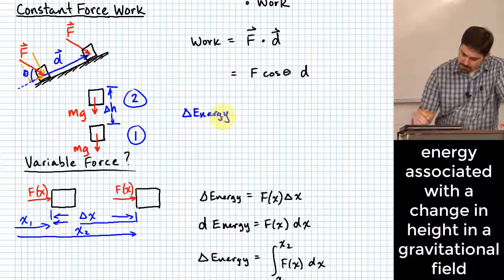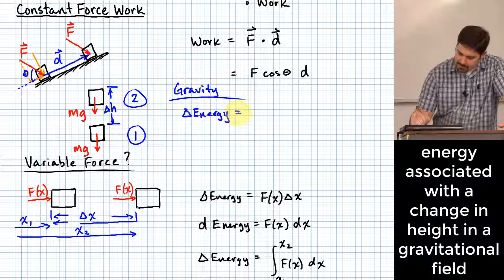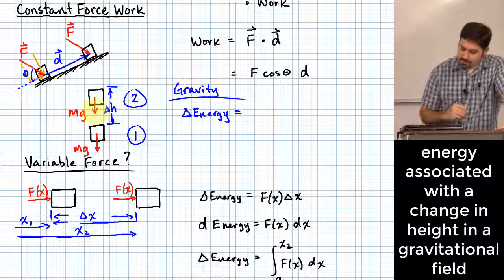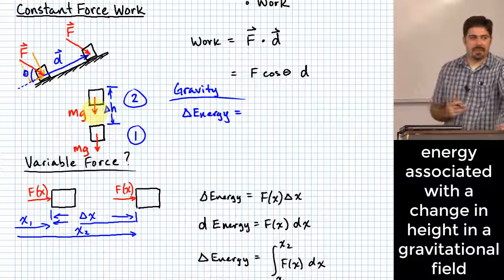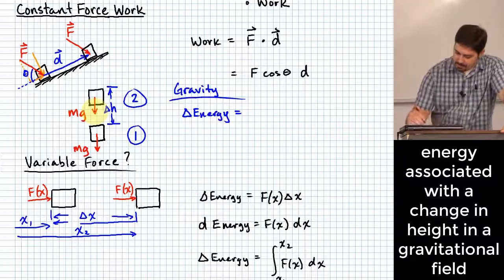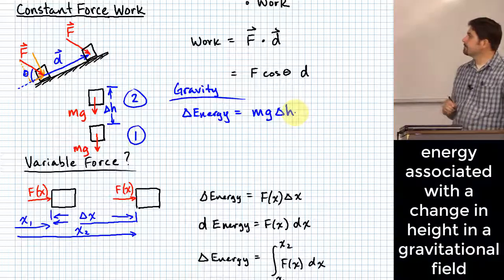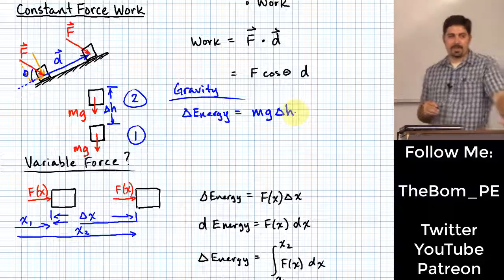So this is specifically for gravity. Your delta energy is just going to be equal to the amount of force pulling on this multiplied by how far it moved, because that's how much work would have to be done in order to lift it. So that would be just m g delta H. And I meant to call that out right at the very beginning.